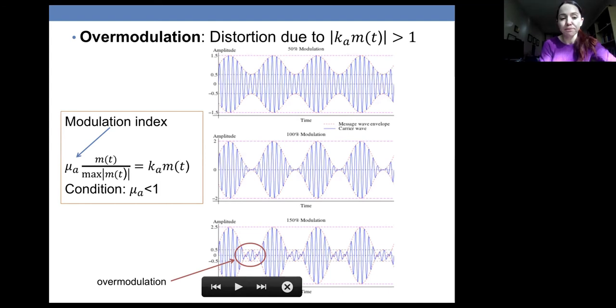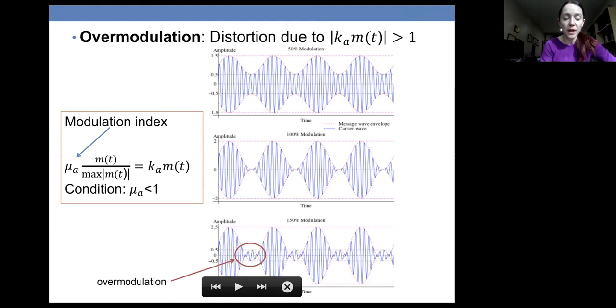Because now we want something that will characterize different signals regardless of what m of t is, we want a modulation index to work irrespective of the amplitude of m of t.